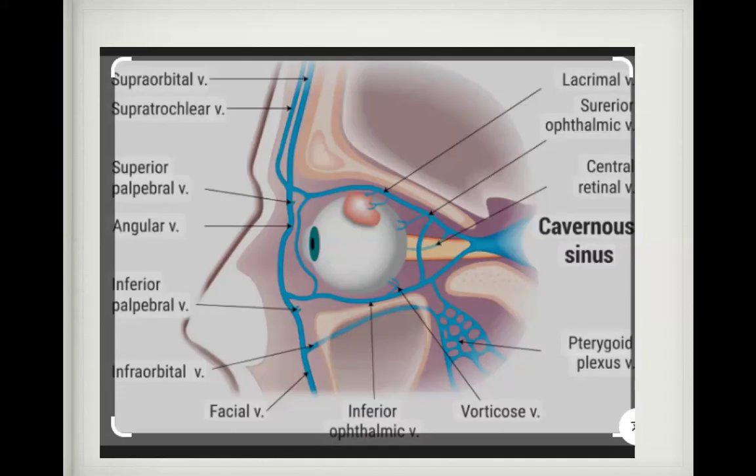It's well labeled and we can see. So when we have this carotid cavernous fistula, we can easily appreciate why the patient will have retroorbital pain, proptosis, and a bruit, following a carotid cavernous fistula. Okay.